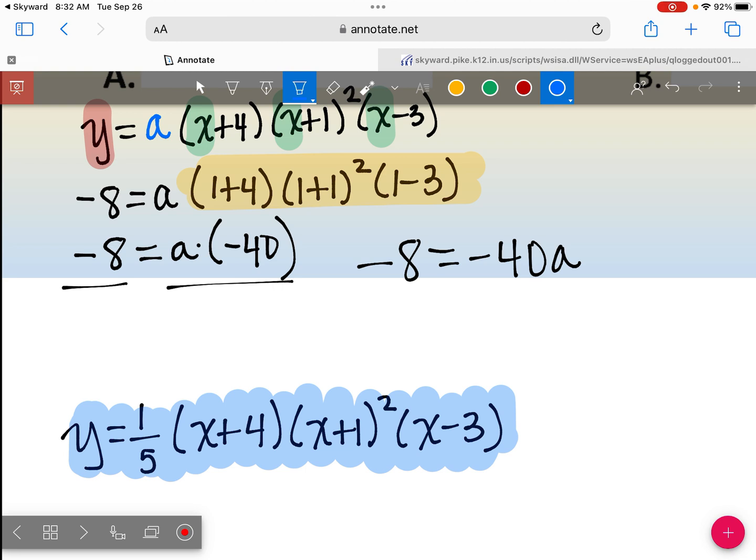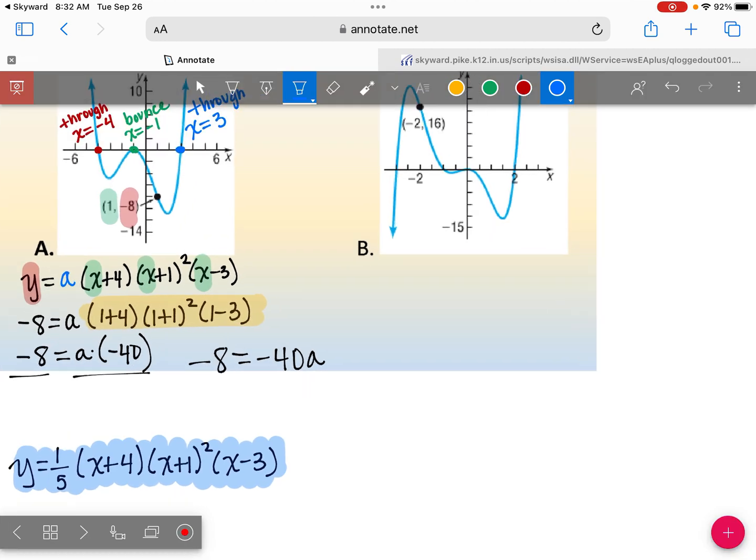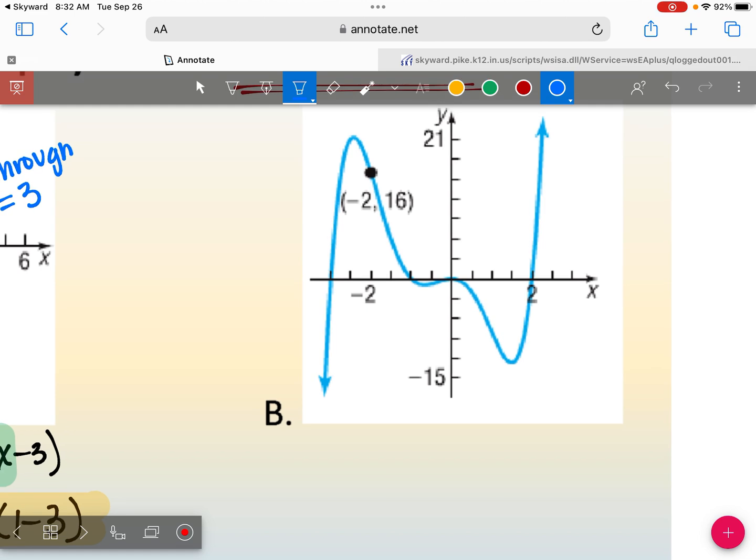So let's go ahead and start on graph B. For graph B, is this one even or odd? Odd. So we know this is odd, and this arrow tells me if it's positive or negative. Because the right side goes up, I know that it's positive.